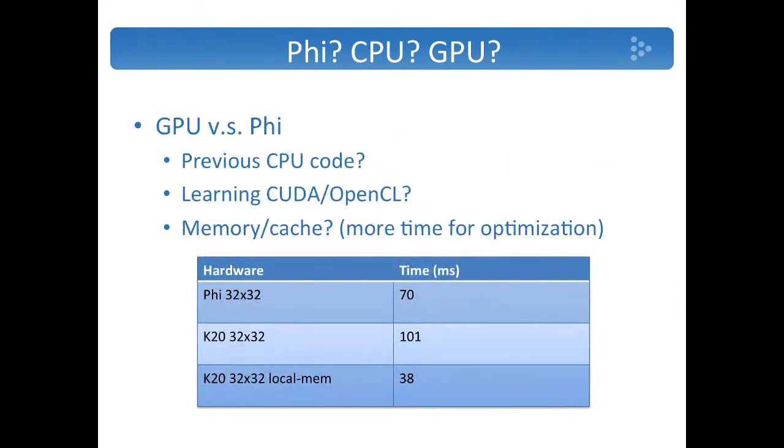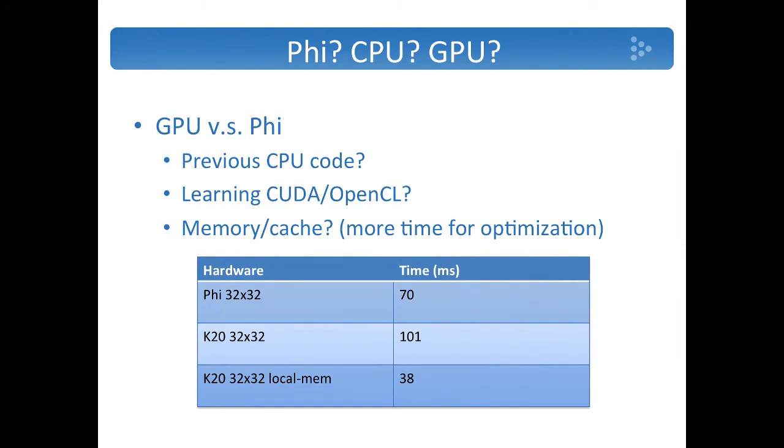Okay, how can we choose between GPU and Xeon Phi? Well, if you don't know GPU programming and you have your previous CPU code, your code may not be optimized, but if you have multi-thread CPU code, I recommend you just modify your code like I do, add some SIMD directives onto your code and try it.